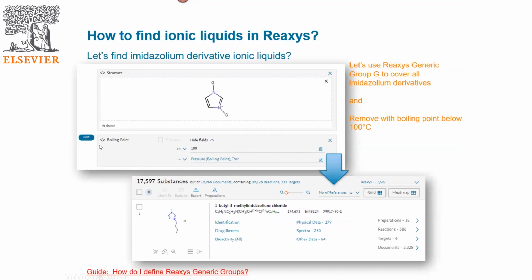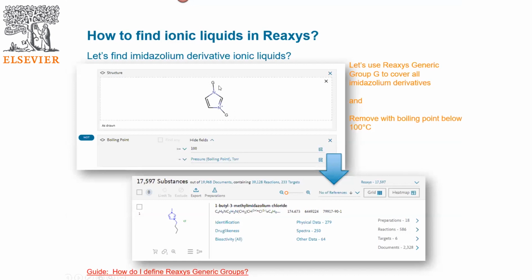But even if we implement this condition to avoid ionic liquids with boiling point higher than 100, that's why we use not and 100 and more, we still will have 17,000 of them. By this link, you can get additional information on how to define Reaxys generic groups.